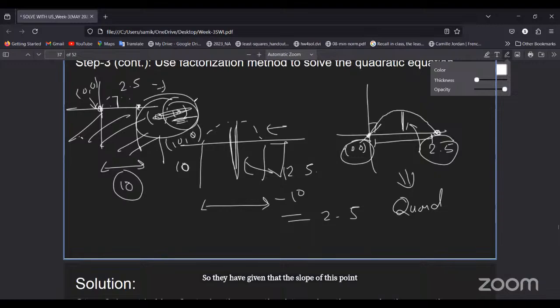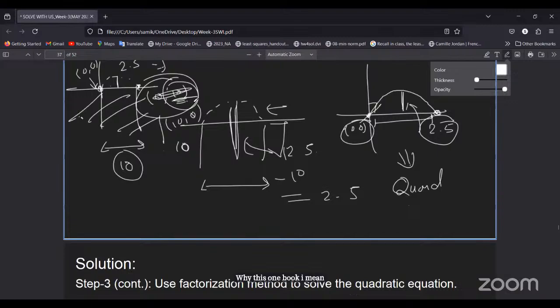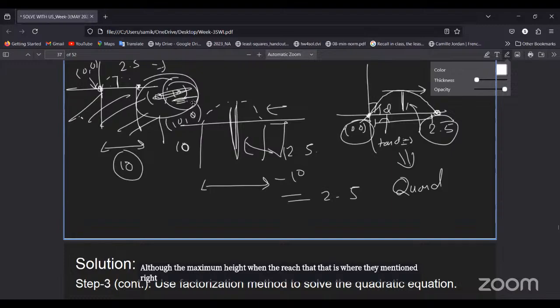Why won't this work? The slope here will be 1, right? Because here also tan theta is given and that tan theta is 1. No, the maximum height is where they mentioned, right? Okay, so let me check.